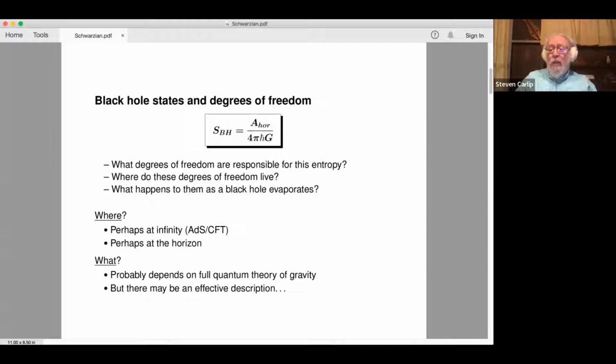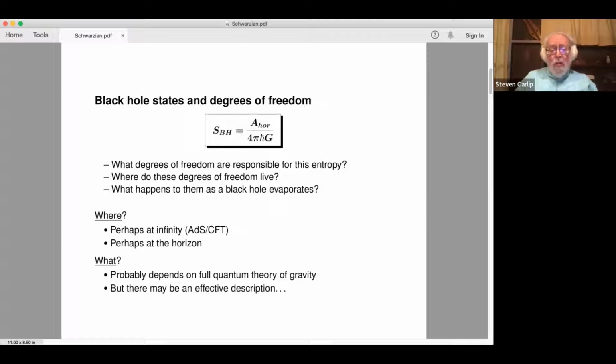It could be that there's a dual theory at infinity that describes a bulk theory that includes degrees of freedom associated with the black hole horizon. I'm going to assume that something at least vaguely like that is true, that it's at least possible to associate degrees of freedom with the black hole horizon.